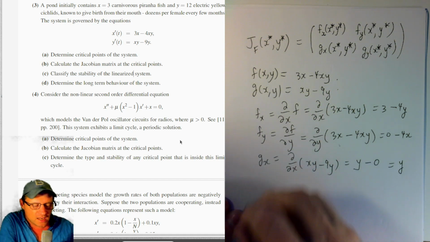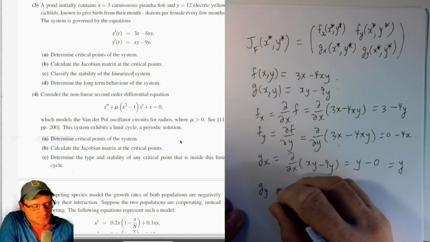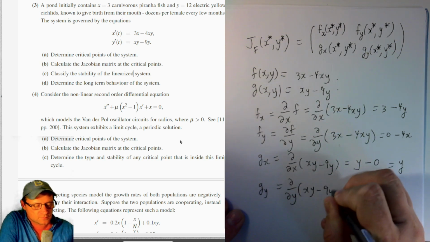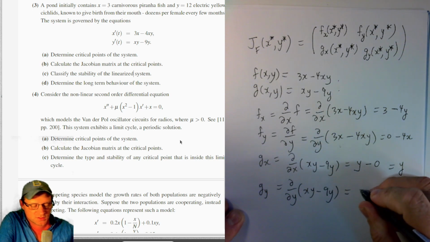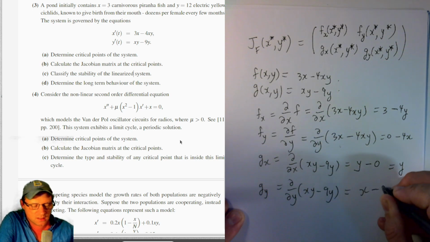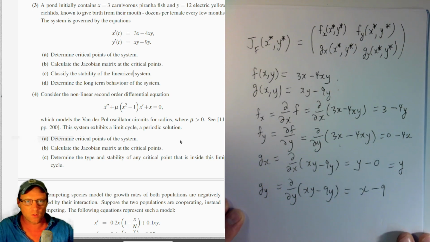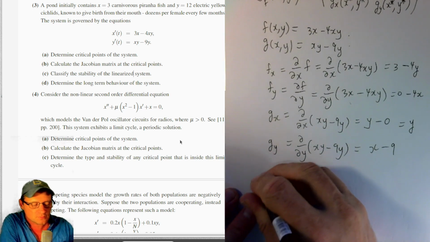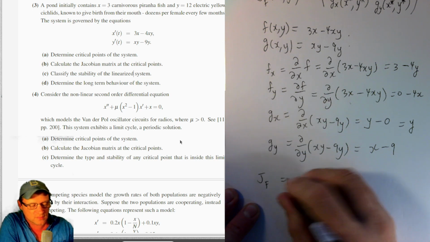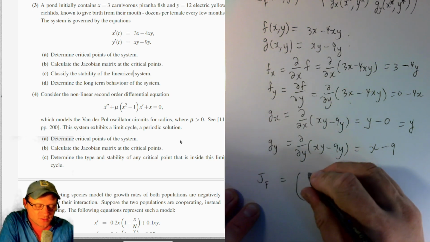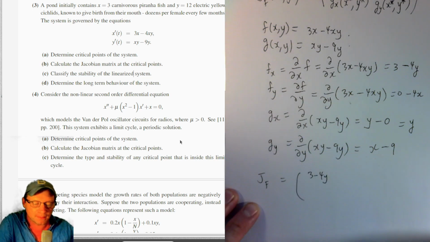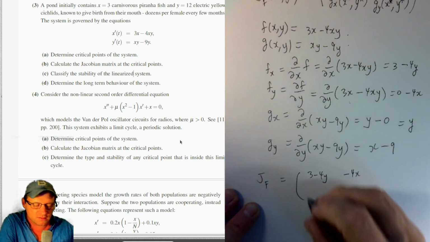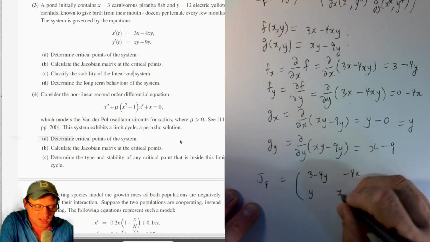Now G subscript y is equal to x minus 9. Now we put all of these together in our Jacobian matrix: 3 minus 4y, then minus 4x, then y, and then x minus 9.